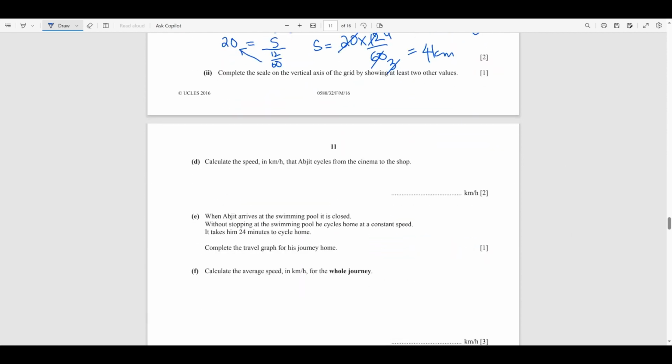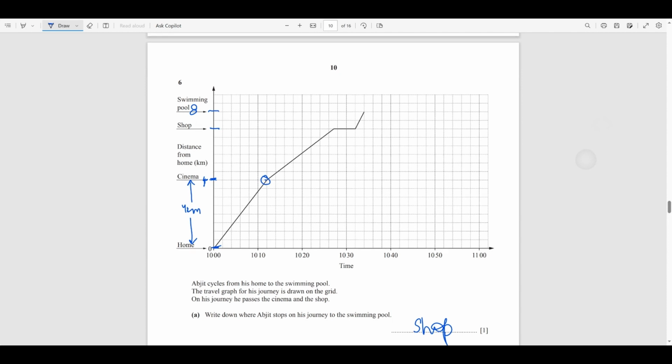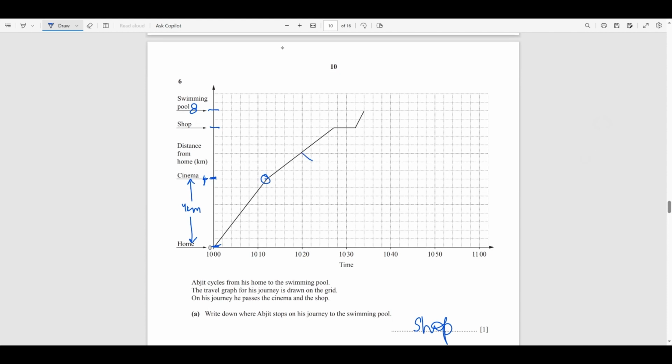Part D, calculate the speed in kilometers per hour that Abjit cycles from cinema to the shop. Cinema to the shop. So basically we need to calculate this speed over here. So first let's see how much distance has been covered. On the y-axis where we have distance in kilometers, we know that 8 boxes represent 4 kilometers, right?